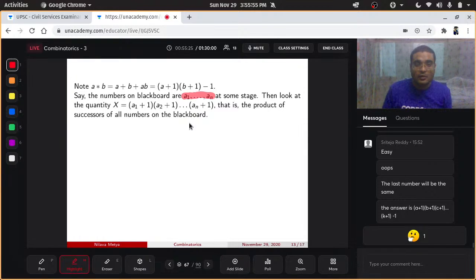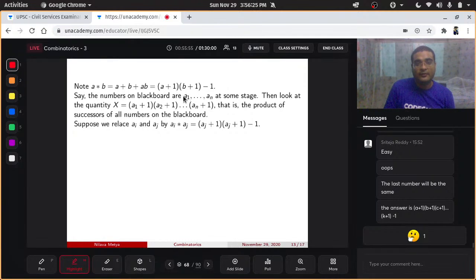Then I'm asking you to look at this quantity: you add 1 to every number on the blackboard and multiply them. So the successor of each of the numbers, and the product of those successors. I am just asking you to take a look at this for now. So just keep in mind.